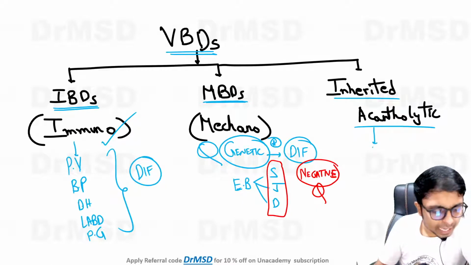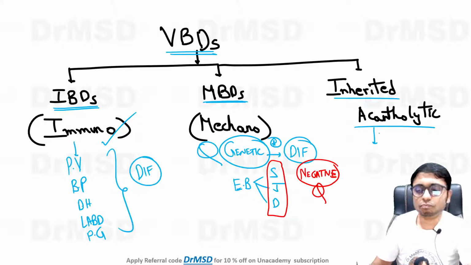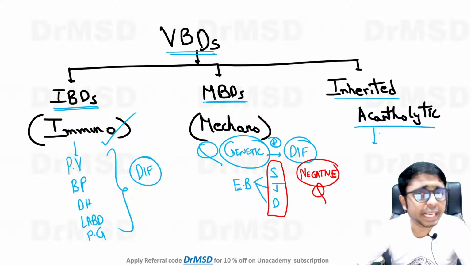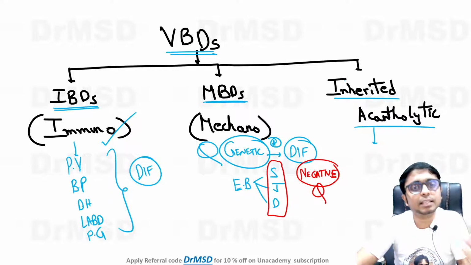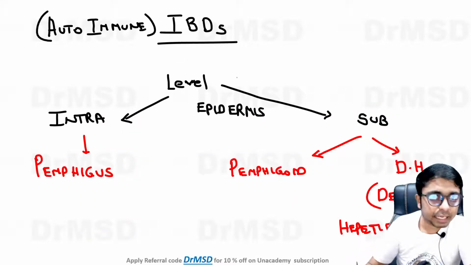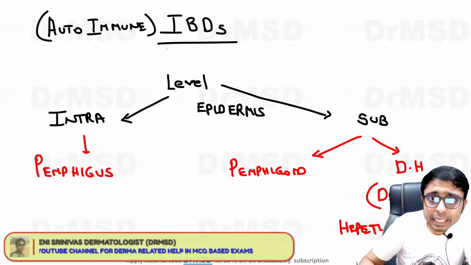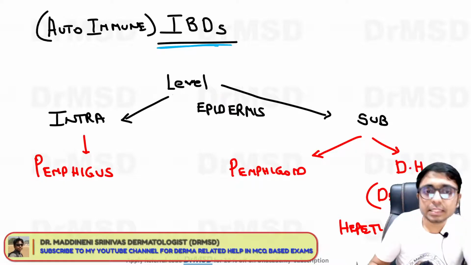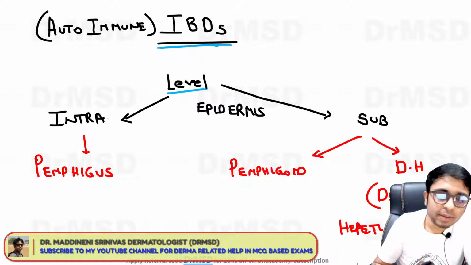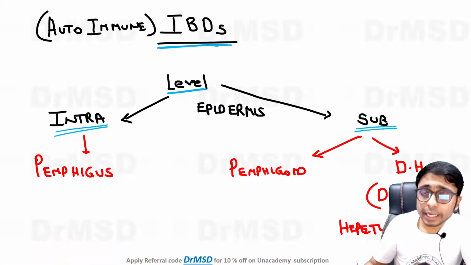In inherited acantholytic disorders, Hailey-Hailey disease is there, and we have Darier disease, but not very important. If in future videos we have related topics, we will discuss them. In the immunobullous disorders, depending upon the level where the split is seen, we have intraepidermal blistering disorders or subepidermal blistering disorders.